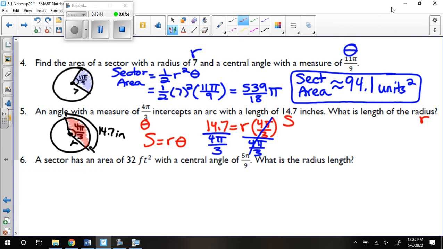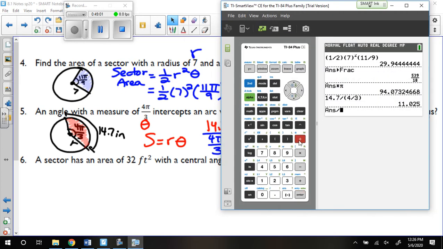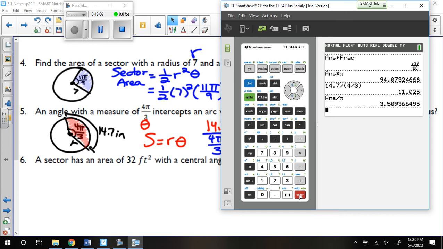So we've got 11.025 over pi still, because remember I was still dividing by pi. I just didn't type divided by pi in the calculator yet. And that's what my radius is going to be. So let's hit divided by pi, and we get 3.5-ish.